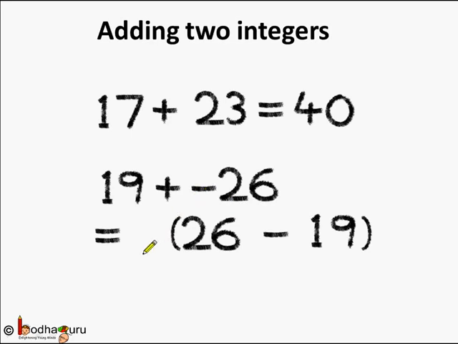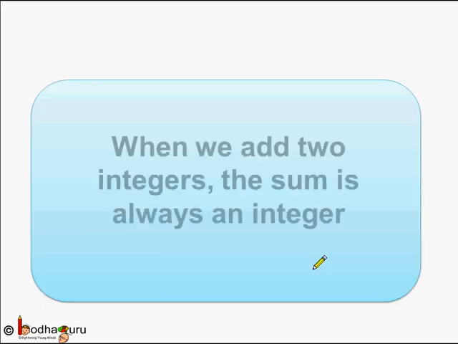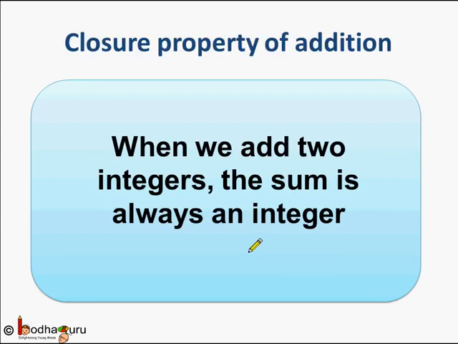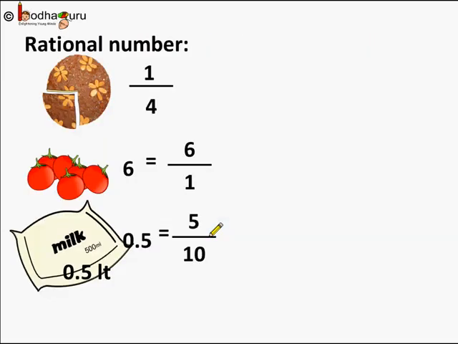So its sign, that is minus, is brought here, and we get 26 minus 19 is 7, and the answer becomes minus 7. What do we see here? When we add two integers, the sum is always an integer, and this is the closure property of addition.